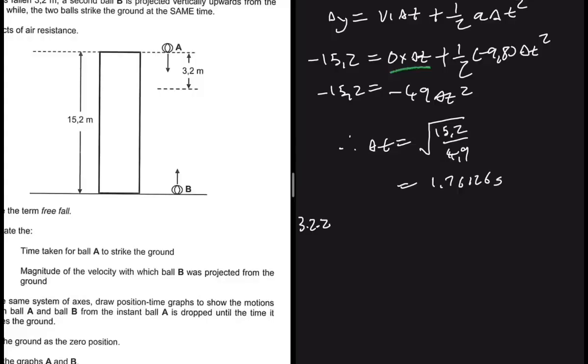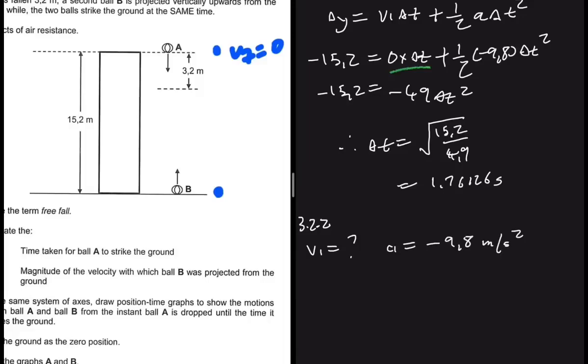If you take the motion from the time it was projected to the maximum height, you can say you have a VF which is equal to 0, right? But we don't know the maximum height either, because at this point what we have is the initial velocity, which is unknown, and the acceleration, which is minus 9.8 meters per second squared.